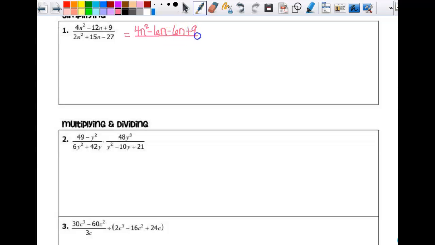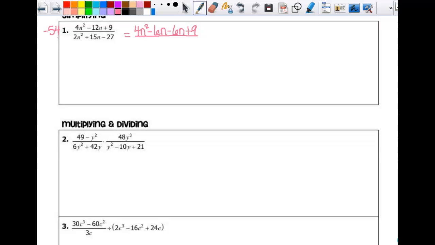All right, so then I'll go ahead and split up my denominator. 2 times negative 27 is negative 54. Now, I need two numbers that multiply to give me 54 and subtract to give me 15. Now, when you have to think of these factors, I'm going to give you some reasoning skills here, because what most of you do is just stare at it and think that something's going to pop into your mind or appear on the paper.